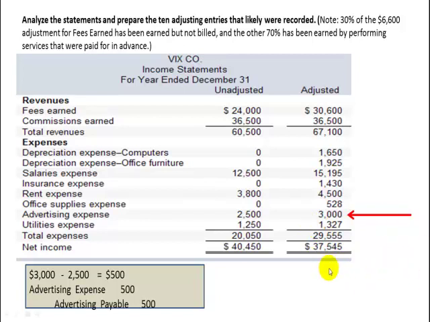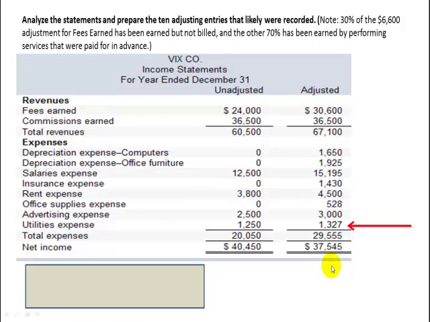And then it looks like the last thing we've got is the difference in utility expenses of $77. So we'll have a debit to utility expense and a credit to utilities payable, and that makes up all of our adjusting entries to get from the unadjusted amounts to the adjusted amounts. And I believe we're done with this problem.